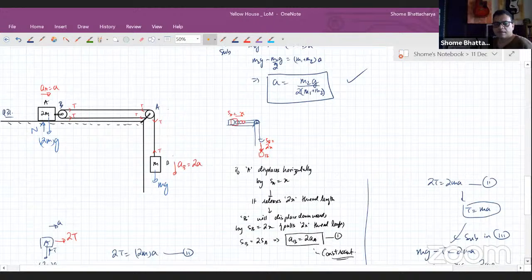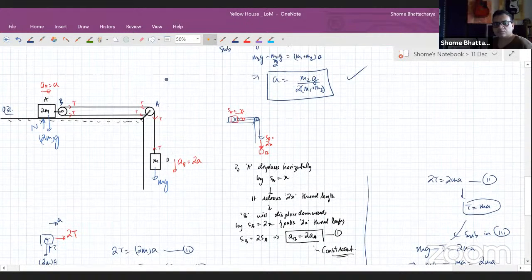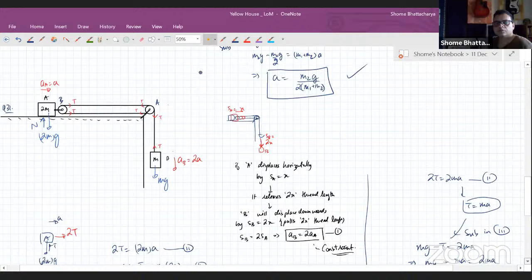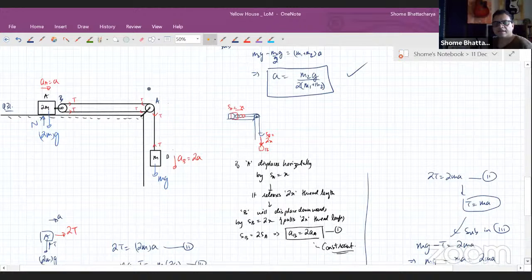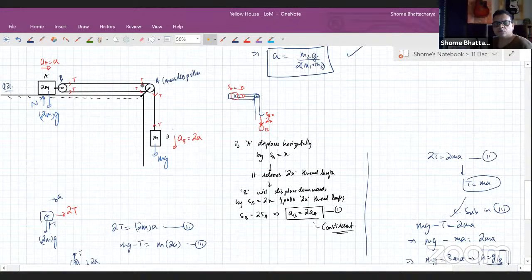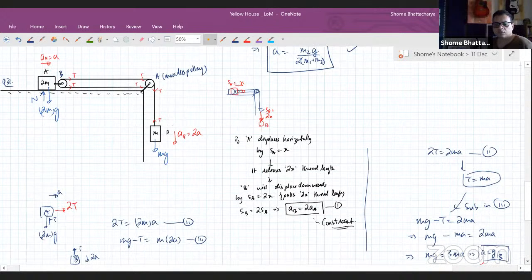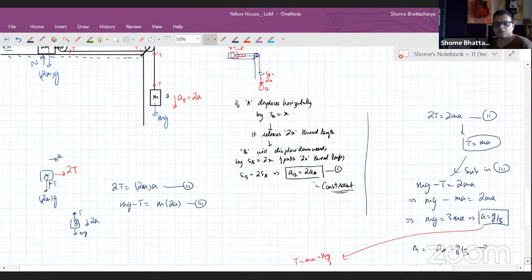And again, the pulley is massless. So if you look in this diagram, what all forces are acting on the pulley, there is a horizontal tension acting towards the left. There's a vertically downward tension acting. Okay, and there is the reaction force at the clamp. So the net of those three forces has to be 0.